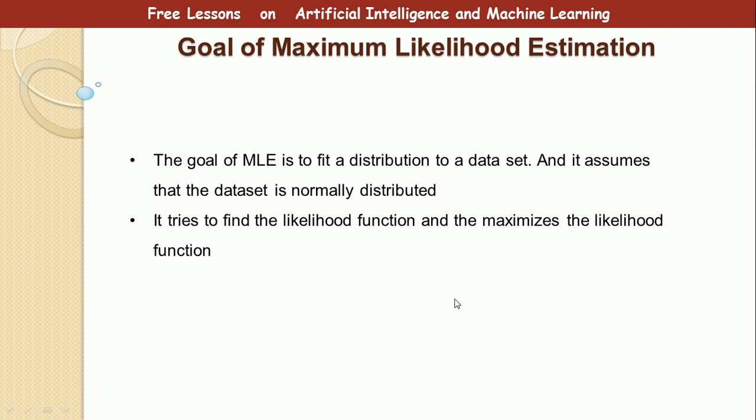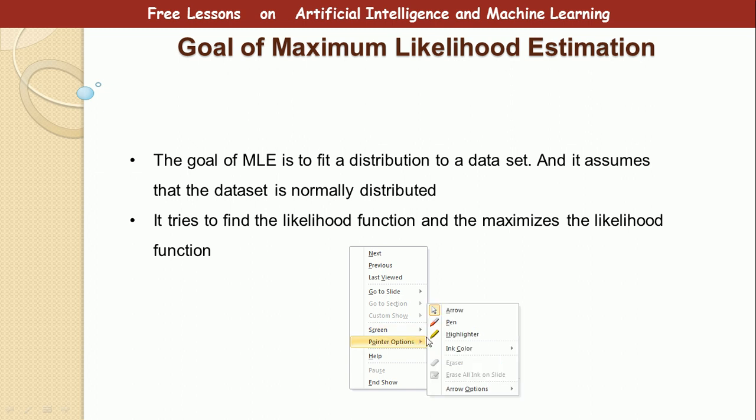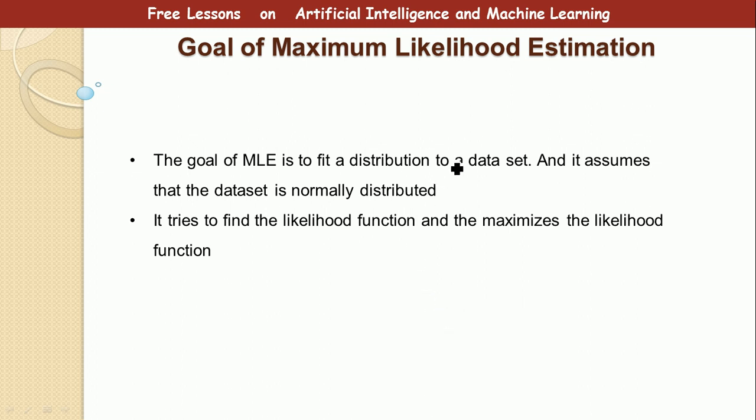The goal of maximum likelihood estimation is to fit a distribution to a data set, and it assumes that the data set is normally distributed. It tries to find the likelihood function and maximizes it. So what we are saying is this: we have a series of observations x1, x2, up to xn.